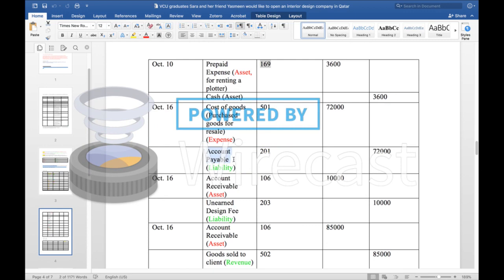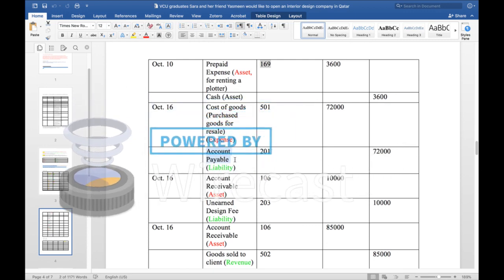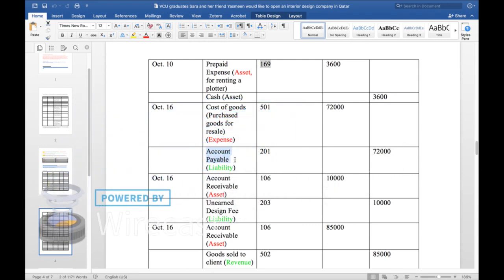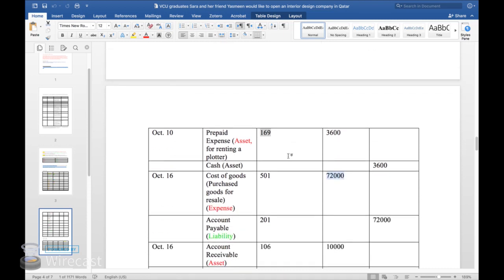So it's in the account called accounts payable. We haven't paid the shop, so that is our liability. And at the same time, we spent some money. That's our expense. So expense and liability.